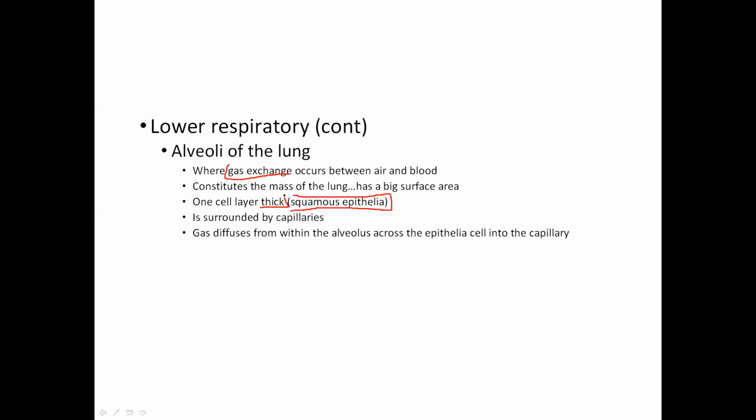One cell layer thick, so it's super thin. You could also say it's one cell layer thin, right? Remember, gas likes to diffuse easily across thin tissue. If it's super thick, like your stratified tissue, oxygen and other gases don't really get through very well.